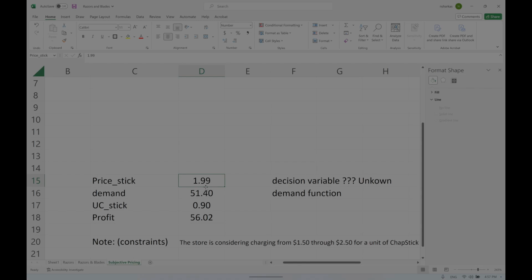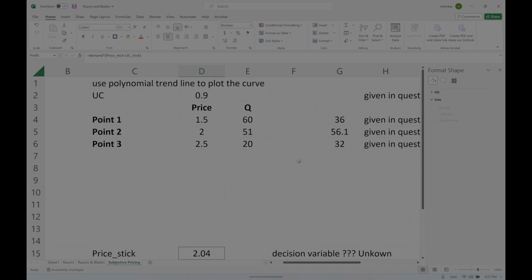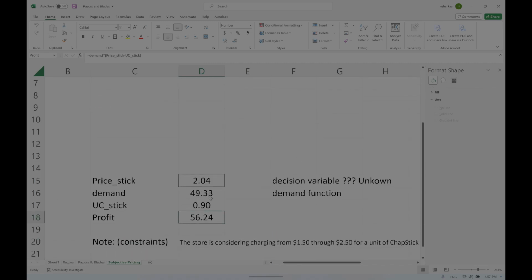So you might even make more profit at certain times, and get your demand to jump to a certain level faster. So in any case, this is what the result says. If the result says 2.04, something like that, it will get us something around 56.24. So roughly, that is very interesting.